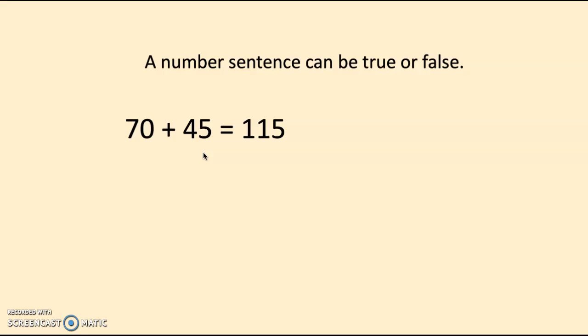I want you to take a few seconds to determine whether this statement is true or false. The answer is true, because 70 plus 45 is 115. As we have 30 as an equal 100, and then leftovers 15, so we have 115 is true.